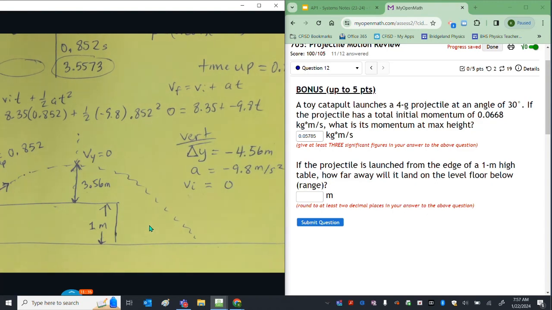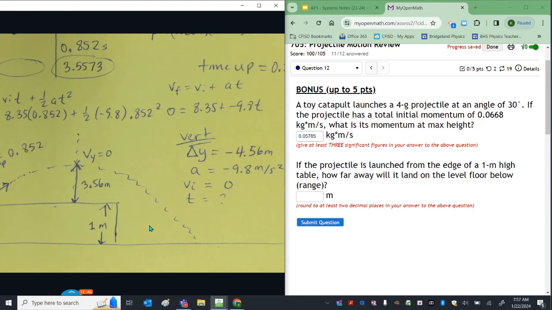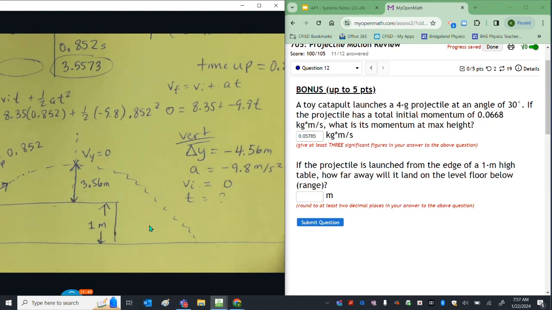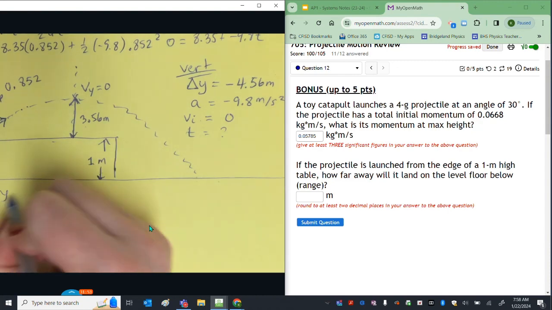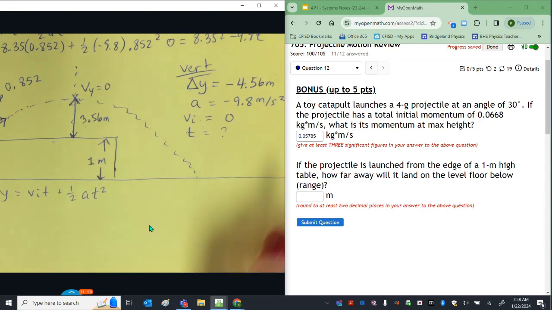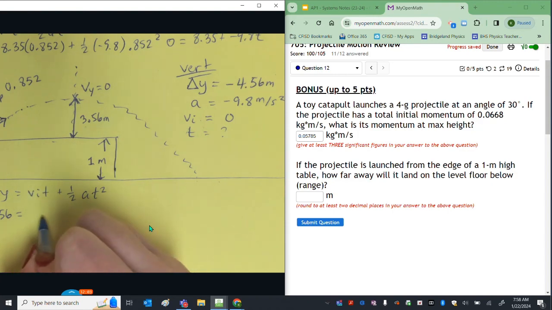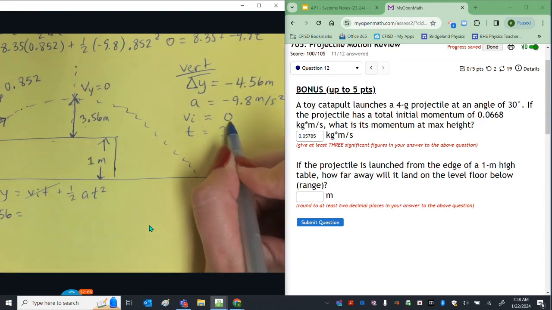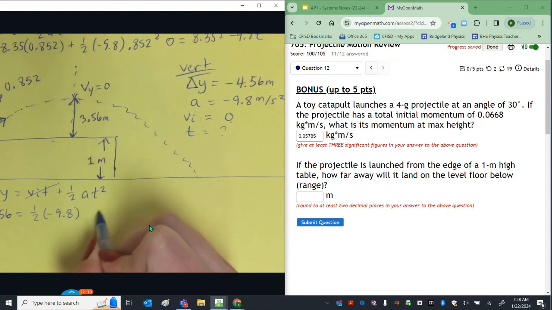That's 0, and that's helpful because I can solve for the time now, because I have 3 other variables, and I can do that using this equation. Delta y equals v_i t plus 1/2 a t squared. That's going to be negative 4.56 equals, this whole thing's going to go away to 0 because this is 0, 1/2 times negative 9.8 times t squared.